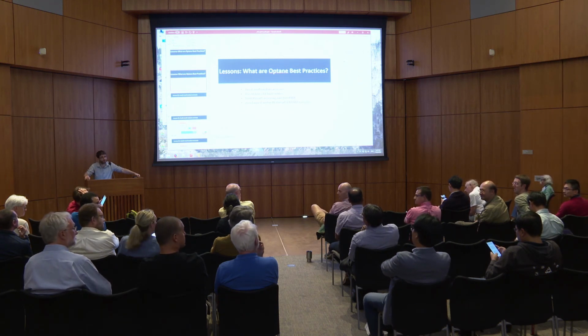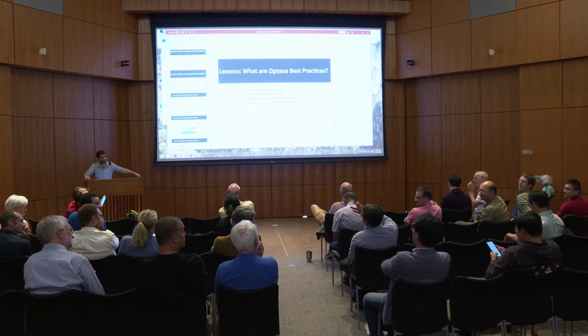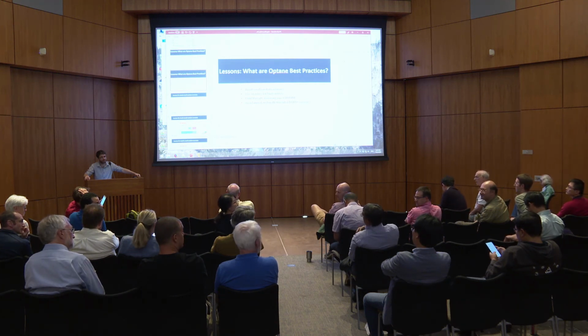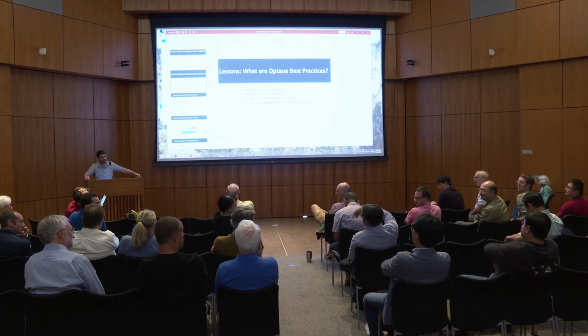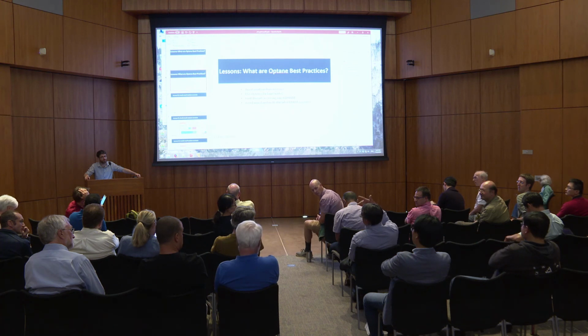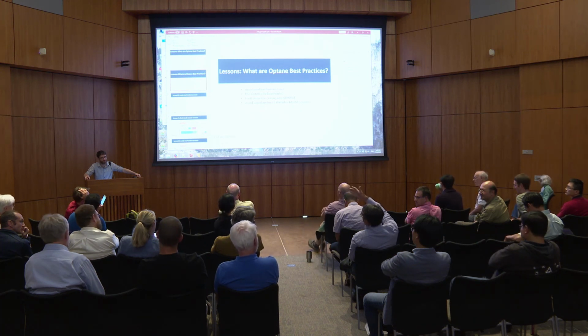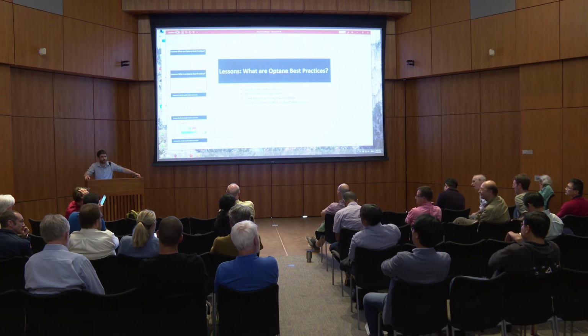One other dimension of application limits I'm looking at is the ratio. You did 1:8, but you could also do 1:4 or 1:2, etc., in terms of DRAM versus Optane sizes. We didn't really look at that.